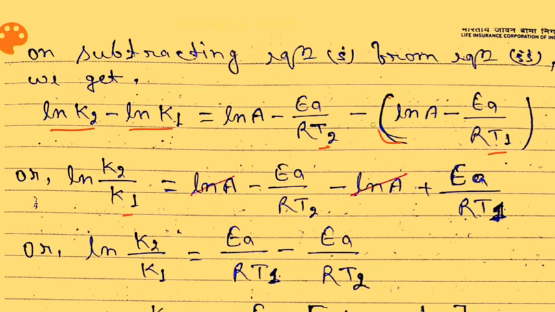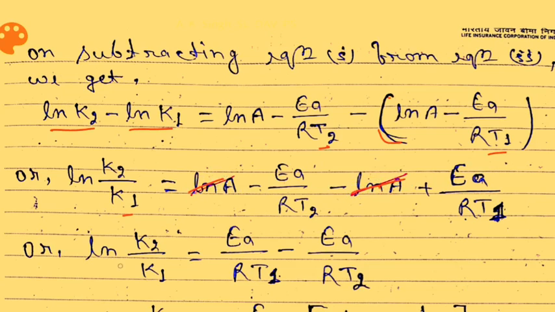Now multiply these factors by minus. It will be equal to minus ln A plus EA by RT1. Now ln A will be cancelled because it is plus ln A and it is minus ln A, so it is cancelled.